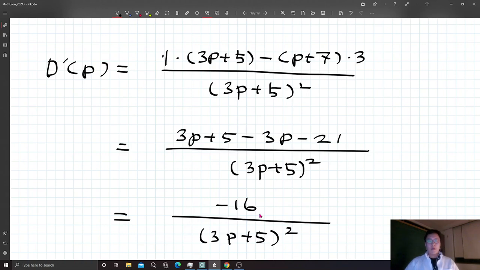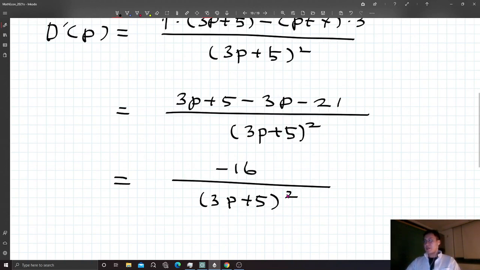And we don't have to check the sign of the bottom because something squared is always positive. Okay? So the sign of the derivative is only determined by the sign of the top, but we have a negative number on the top, meaning that d prime is always negative, no matter what p.